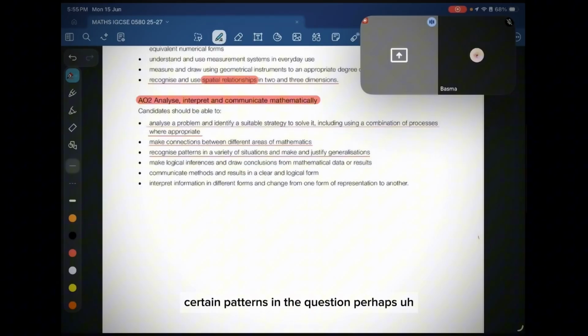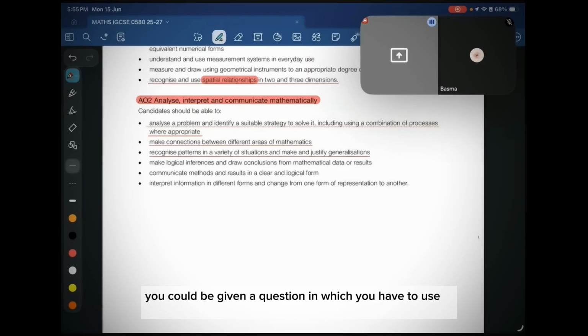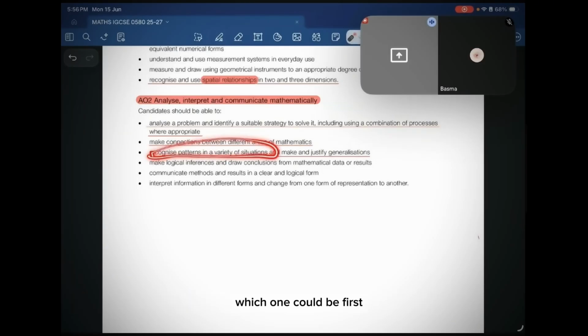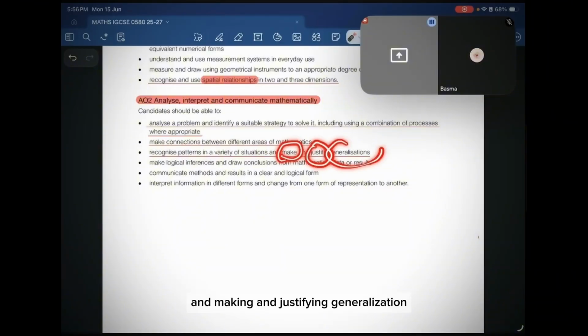Perhaps you could be given a question in which you have to use a series of formulas in a particular order. For example, transformations. If it's combined transformations one after the other, you need to identify which one could be first. And making and justifying generalizations.